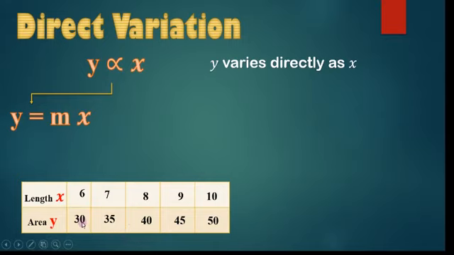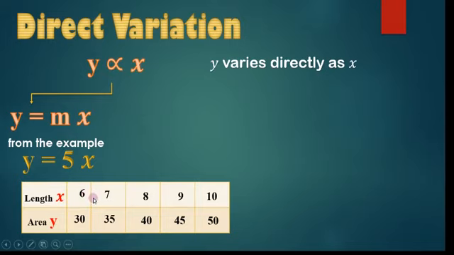Looking here, 30 equals 6 times 5, 35 equals 7 times 5, 40 equals 8 times 5, 45 equals 9 times 5, 50 equals 10 times 5. So y equals 5 times x. This is, for example, using this example.